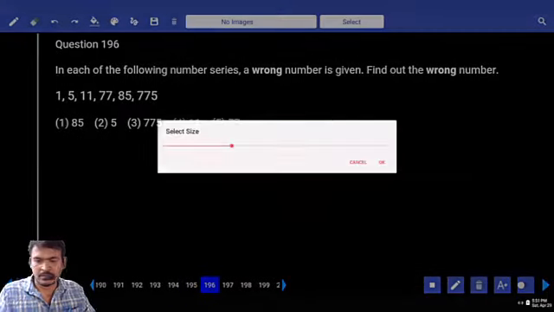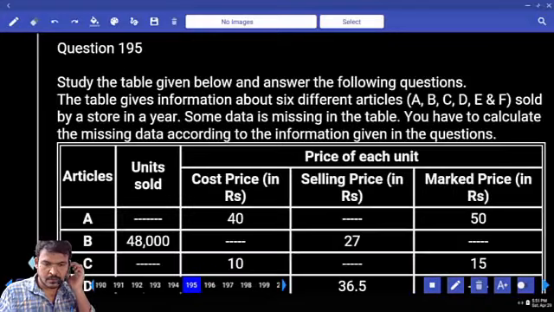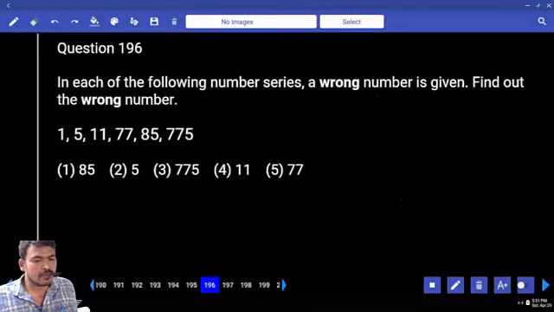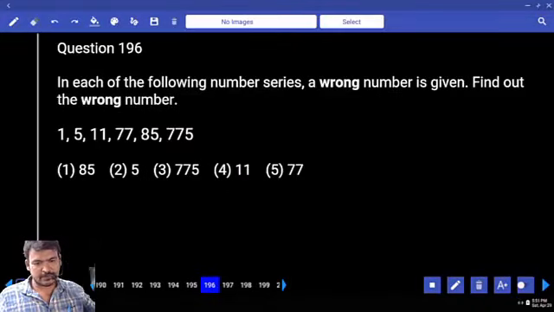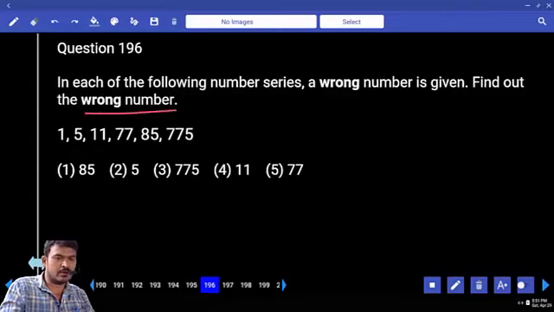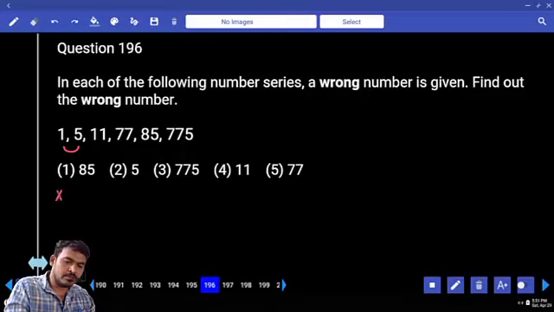196. The series is 1, 5, 11, 77, 85, 775. We are required to find the wrong number. From 1 to 5, it is times 5 plus 6 or minus 6 plus 6.